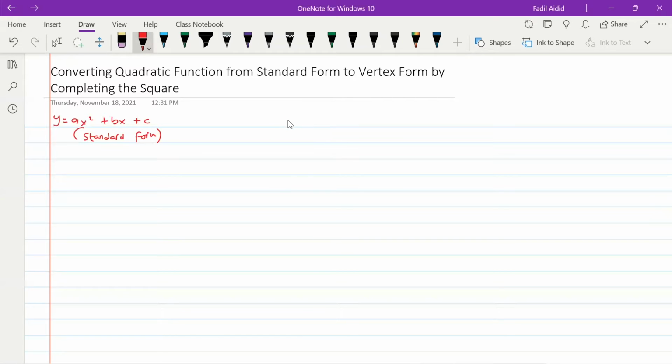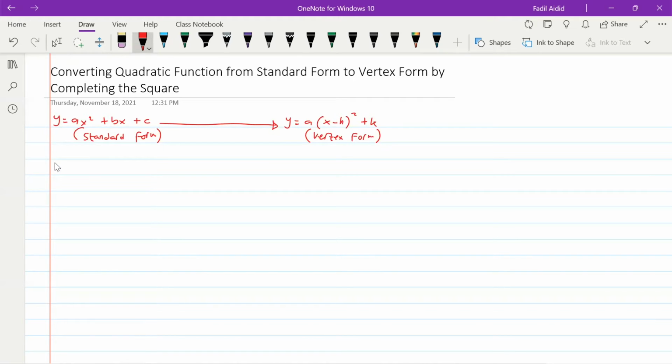And the vertex form is y equals a(x minus h) squared plus k. So this is our discussion today, to convert from this form into this form.